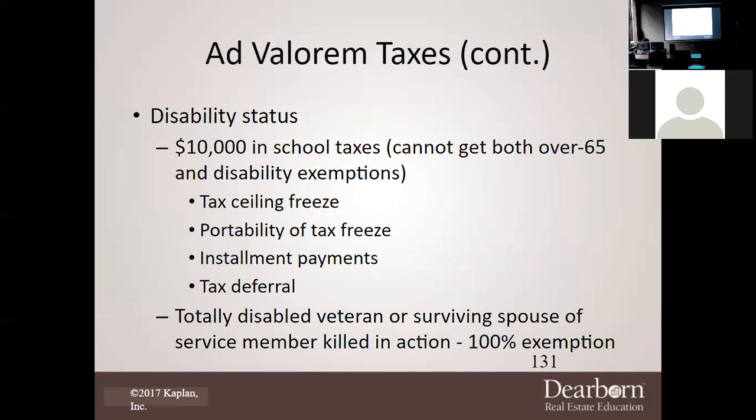And I can't get both the over-65 and the disability benefit, so you can have either one or the other. Again, there's a tax ceiling freeze, the portability of the tax freeze, as well as installment payments and tax deferral. And if it's a totally disabled veteran, or the surviving spouse of a service member killed, it's a 100% exemption. Ooh, not bad.